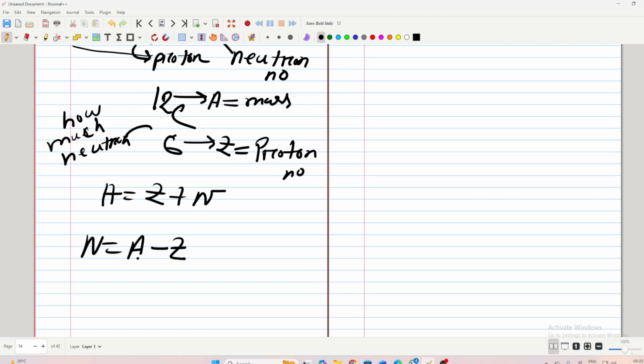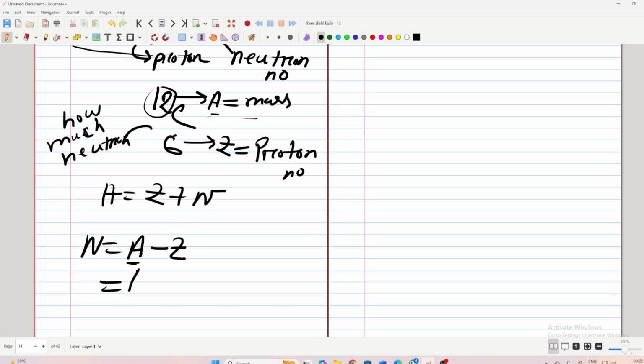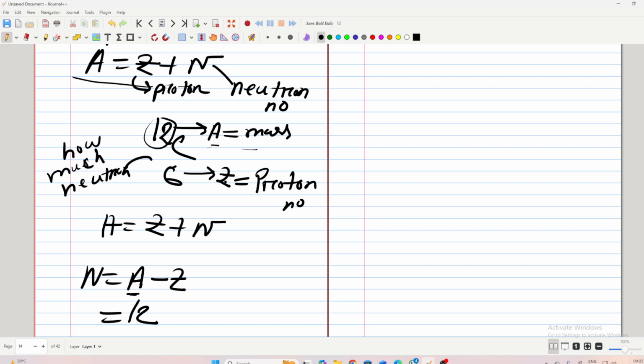If you subtract Z from A, you will get the neutron number. If you subtract the proton number Z from the atomic mass, you get the neutron number, N equals A minus Z. Here A is 12 and Z is 6.